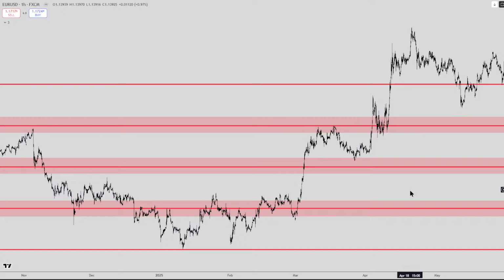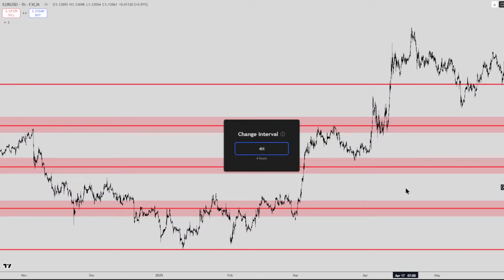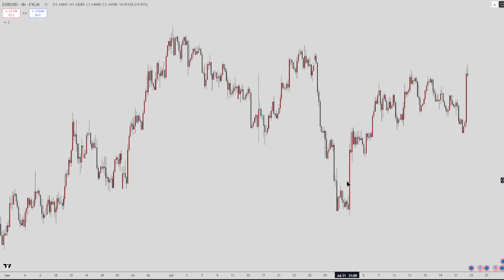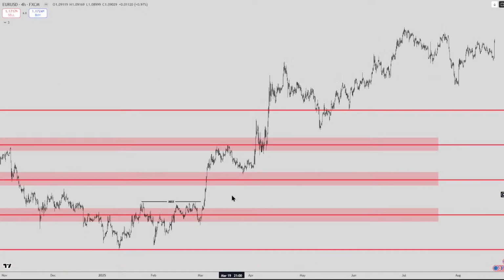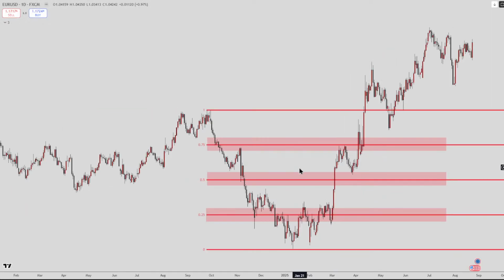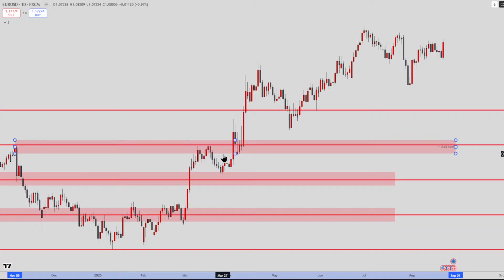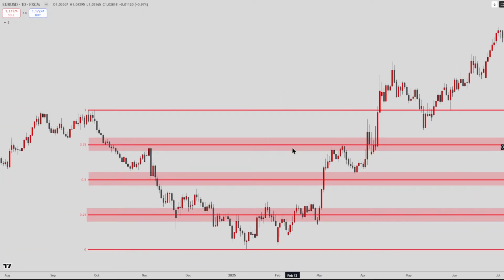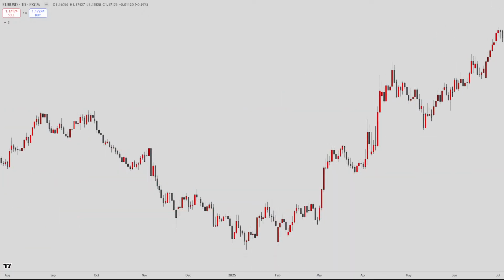Okay, we're going to go into a high time frame chart. No, let's just check the daily instead. Here we go. So say we have the initial displacement move to the upside.